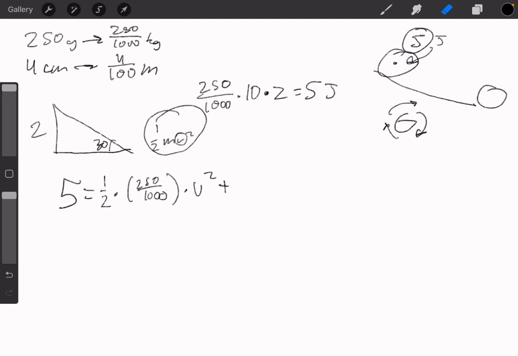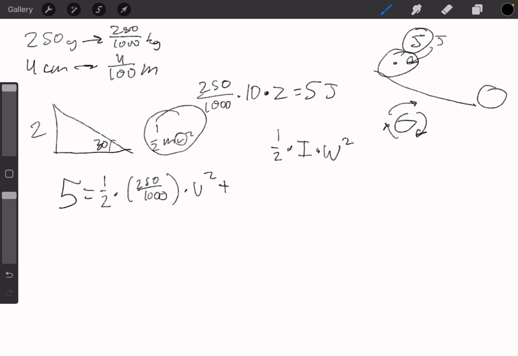If you'll recall, rotational kinetic energy is 1/2 times the moment of inertia times W squared. I think W is actually called omega here, but I don't care.